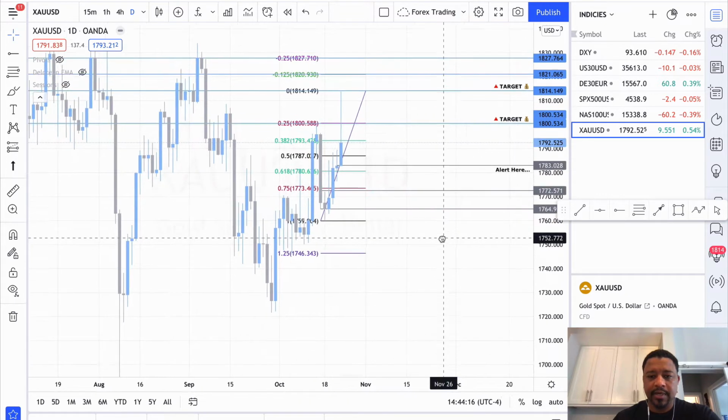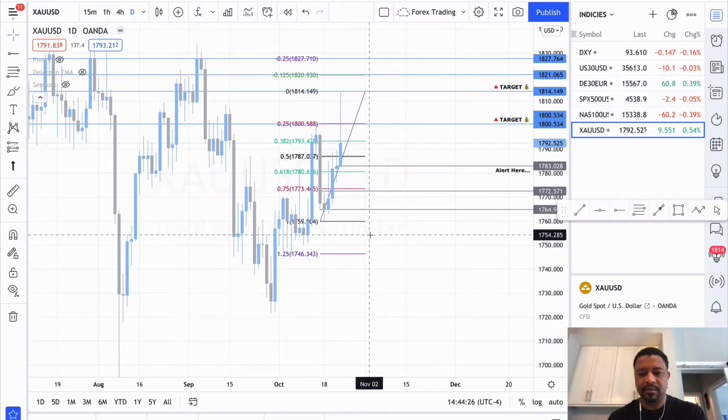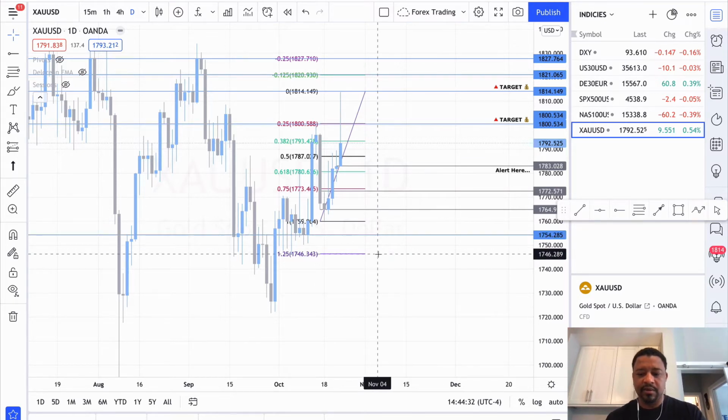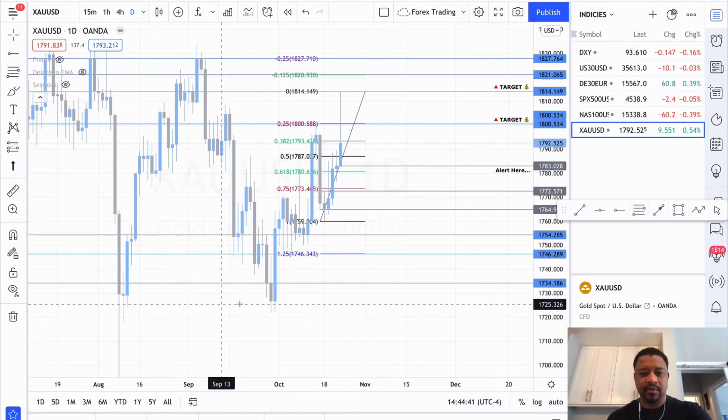If we look on the daily, if it breaks below 0.75, I would be looking to take it down into these areas. So here, if it comes down here, I would be looking for it to come right into this area.